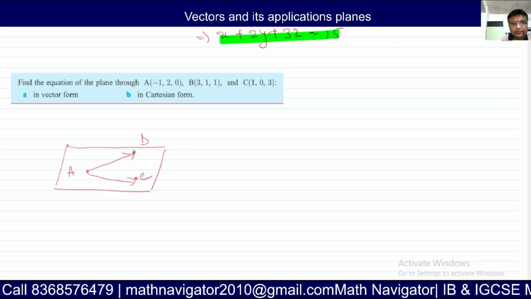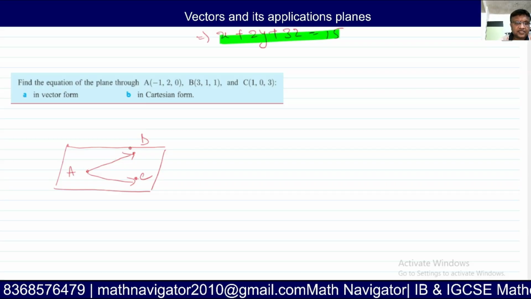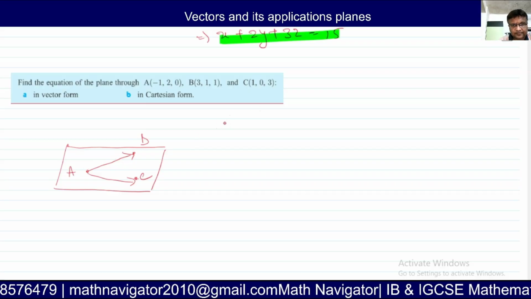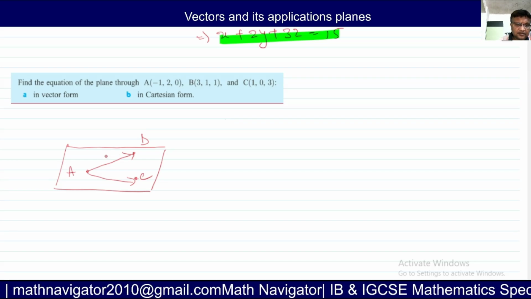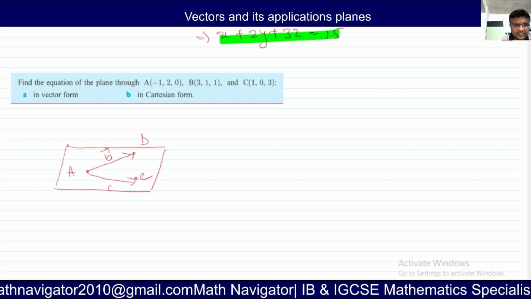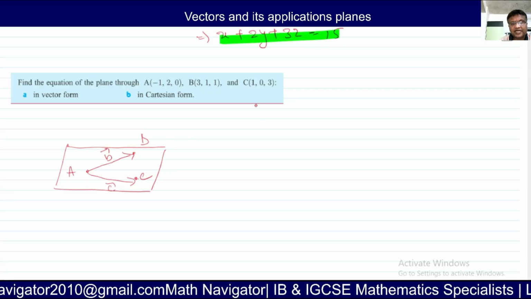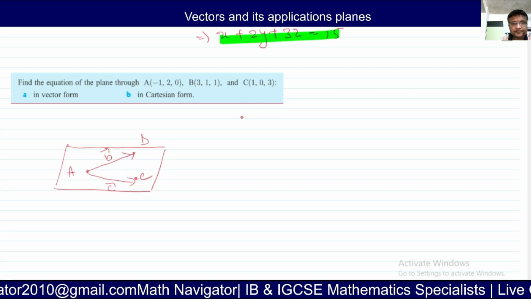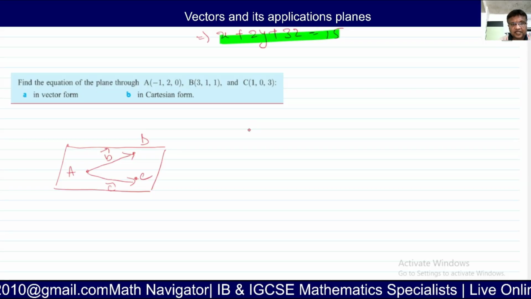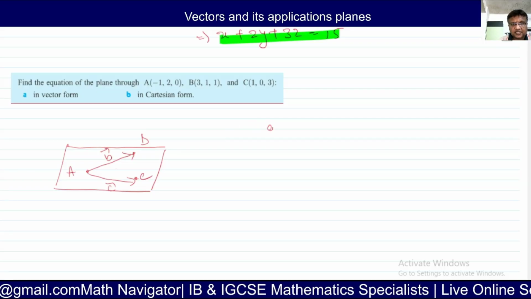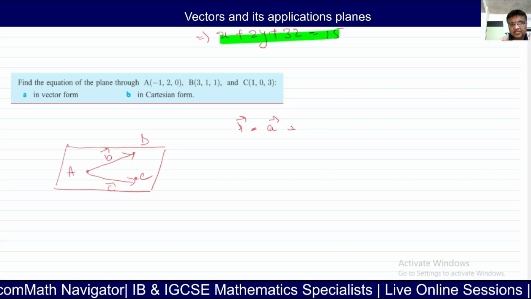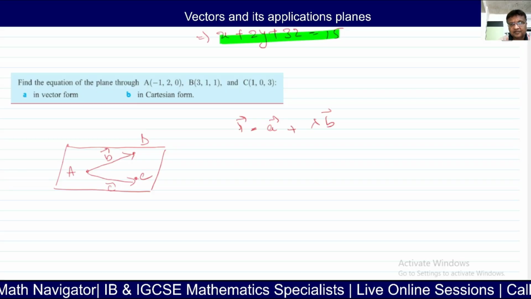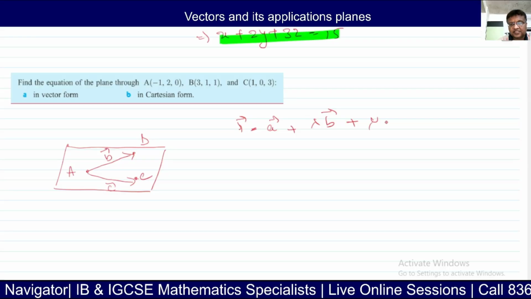This is vector B minus vector A. Let me call it vector B. Let me call it vector C. So my equation will be vector A, which is this point, plus lambda vector B plus mu vector C.